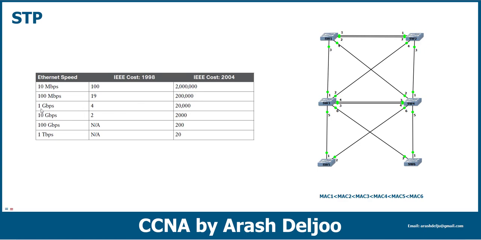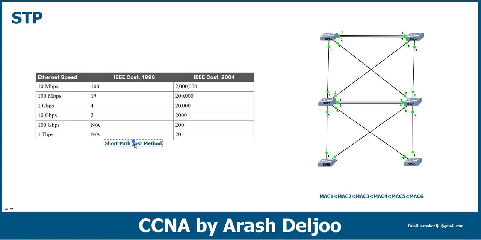For 1 gigabit per second we have 20,000, for 10 gigabit per second 2,000, for 100 gigabit per second 200, and for 1 terabit per second 20 as the cost. As you can see, when the bandwidth increases, the cost decreases. This is the short path cost method. We call it the short path cost method.